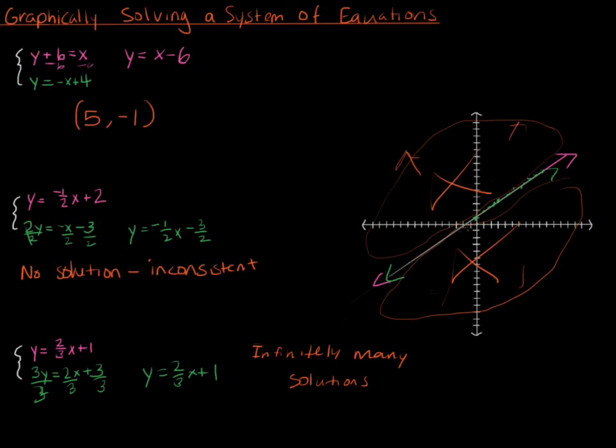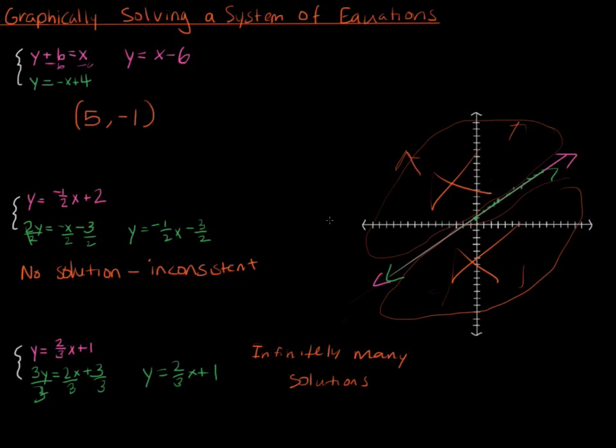Every single point on that line, decimal, fraction, whatever, is a solution to the system of equations, and there's infinitely many of them, but not all solutions, just infinitely many. All the points on this line are possible solutions. Everything else is not, but we can call that infinitely many solutions if the two lines are actually the same.